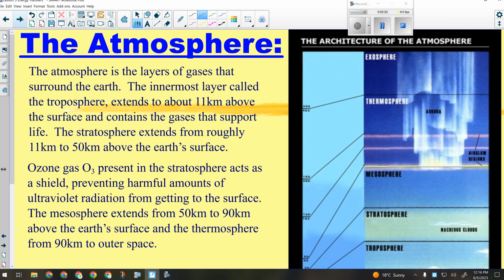All right, the first thing we're going to talk about is the atmosphere. I'm going to tell you right off, and you might want to write this down, this is the most important part of the Earth in terms of the transfer of global energy. Of the three parts, the atmosphere, the hydrosphere, and the lithosphere, the atmosphere is the most fluid.